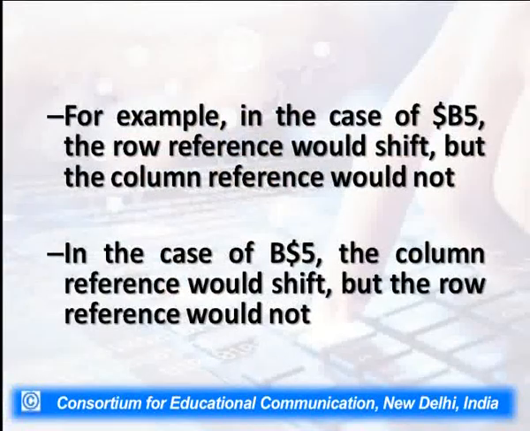Or you write B$5, in which case you allow the column to change, so B will change to C, D, but your row will remain constant. This type of referencing is known as a mixed reference. You can see here in $B5, the row reference would shift, but the column would remain fixed.